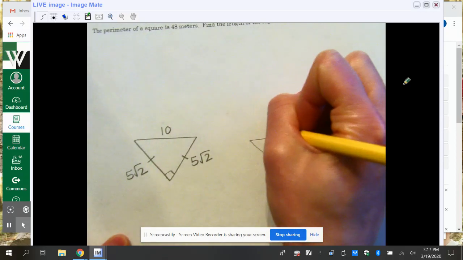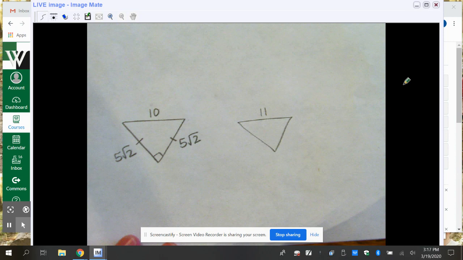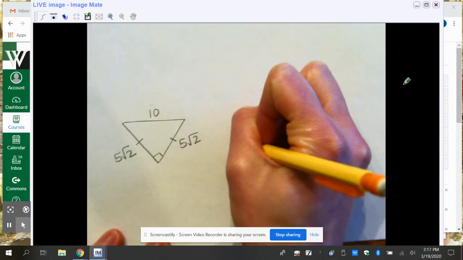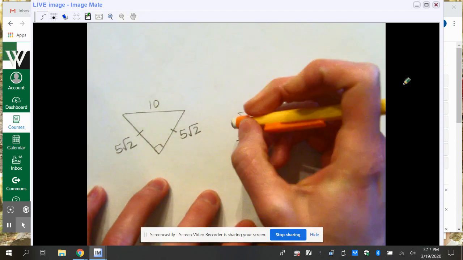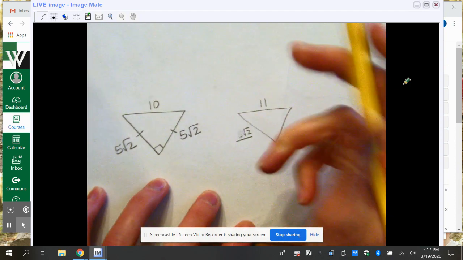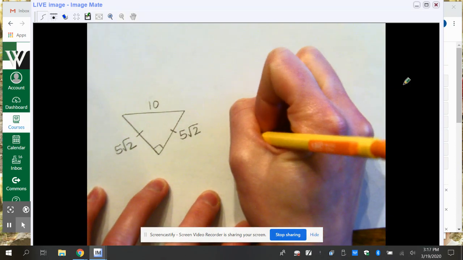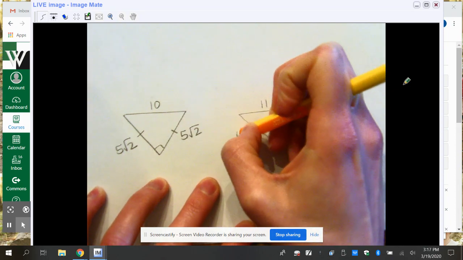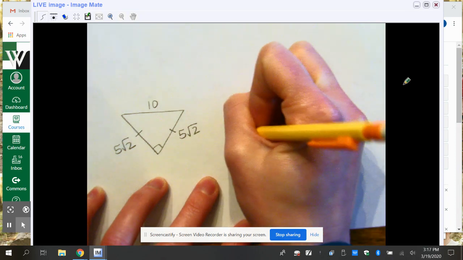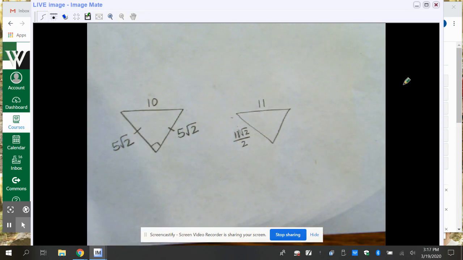So if that were 11, it would be 5 and a half radical 2. Or you could write that as 5.5 radical 2. It's just technically more mathematically literate to write it as a fraction.